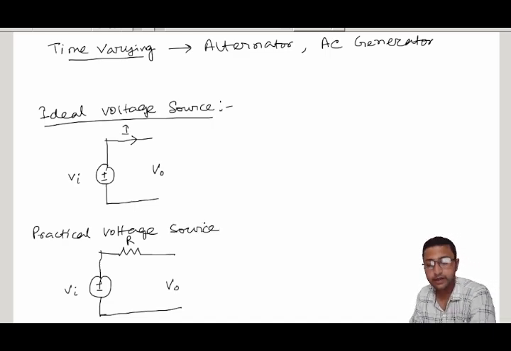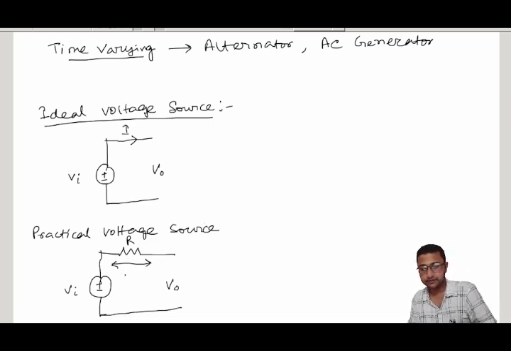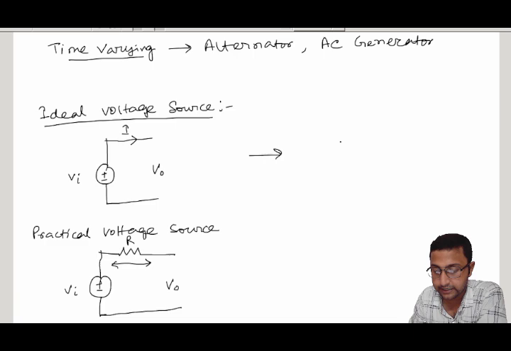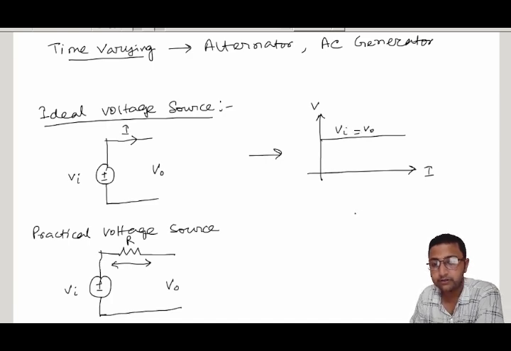The output voltage is always less than the input voltage, because there is a voltage drop across this internal series resistance. If we plot the graph for the ideal voltage source, with current on one axis and voltage on the other, V input is constant and V output is also the same constant.